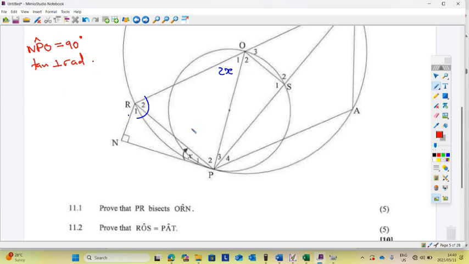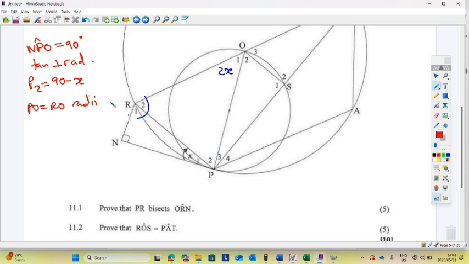Now, if this is 90 degrees and this is x, so we are saying P2 is equal to 90 minus x. Remember, this is x and this whole angle is a 90-degree angle. So to get this one, we subtract this x, we have 90 minus x. And then from there, we are saying PO is equal to RO, that is radius.